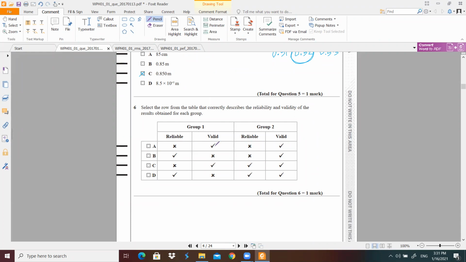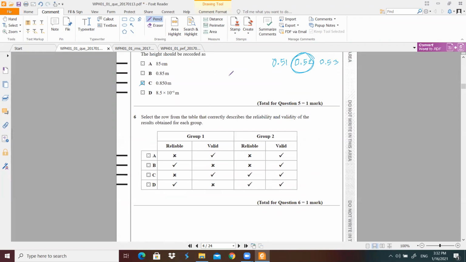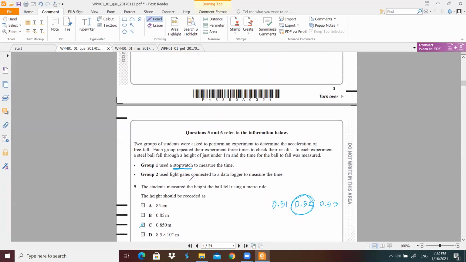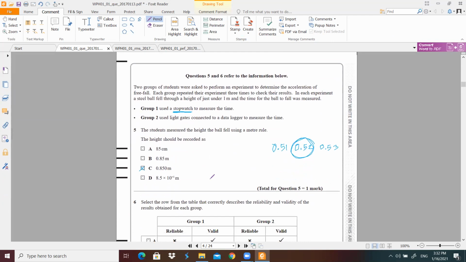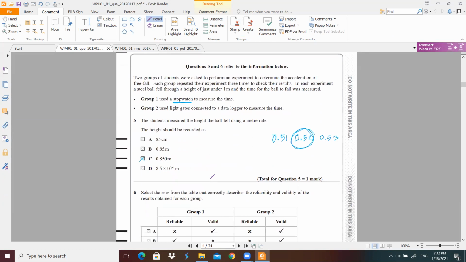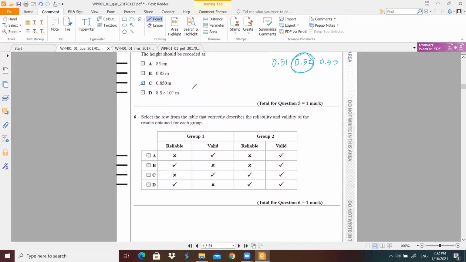But for group 2, using data logger and light gates, of course it's valid if the method is right, and it's also very reliable because you can cut out the human reaction time or human errors. So group 2 is both reliable and valid, while group 1 is valid but not reliable. My answer should be C.